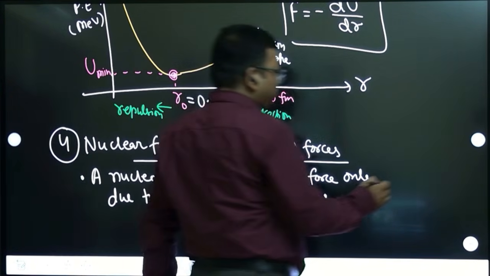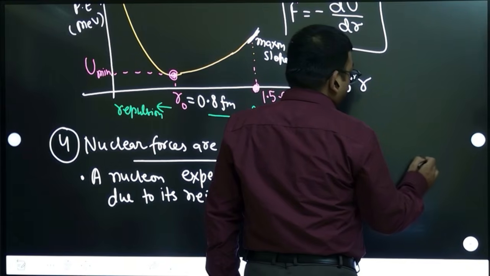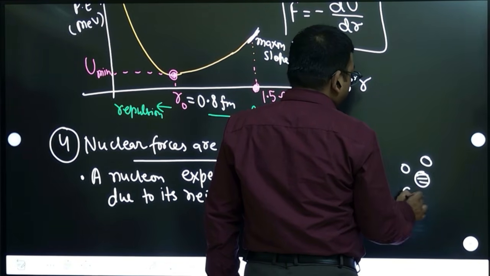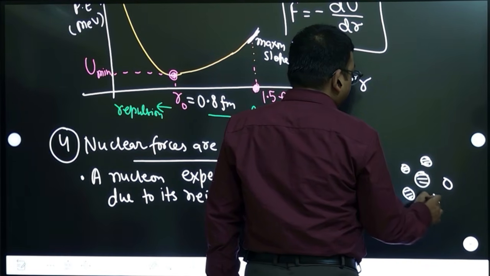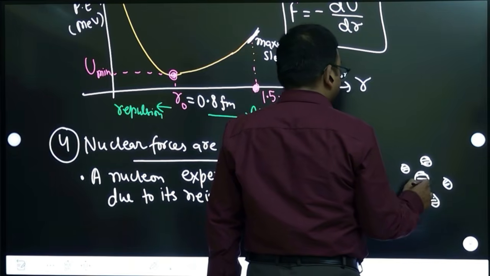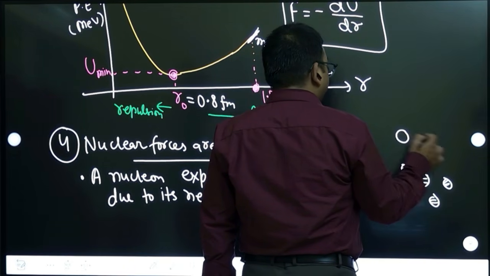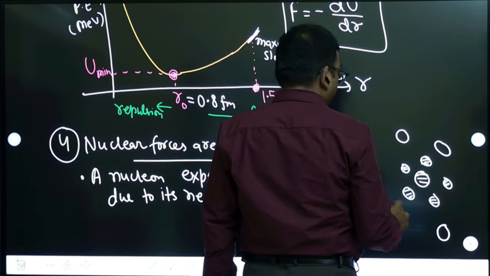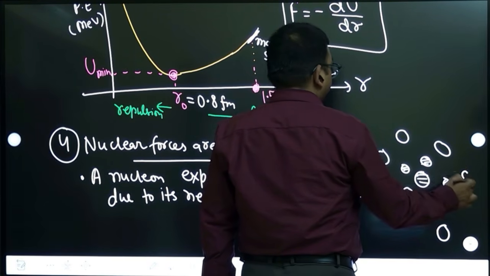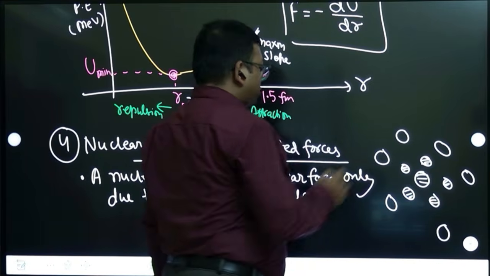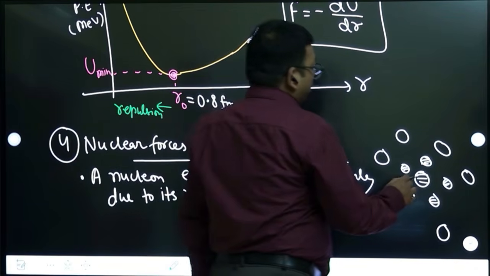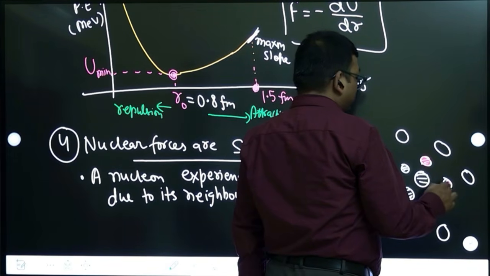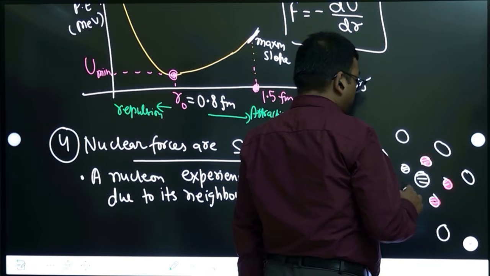For example, suppose this is a nucleon and it has neighboring nucleons, this. So these will only affect it. Other nucleons will not be affecting it. This nucleon will get affected only due to its surroundings: this one, this one, this one, this one.